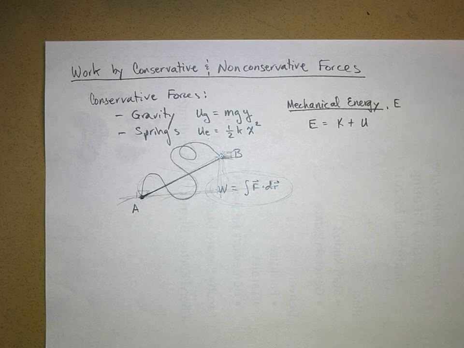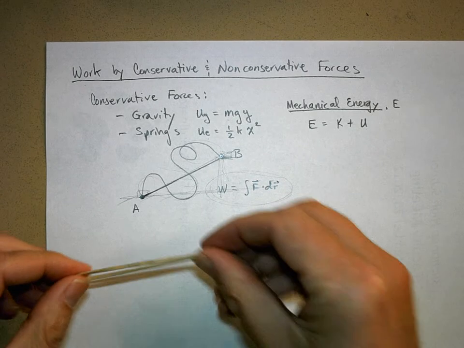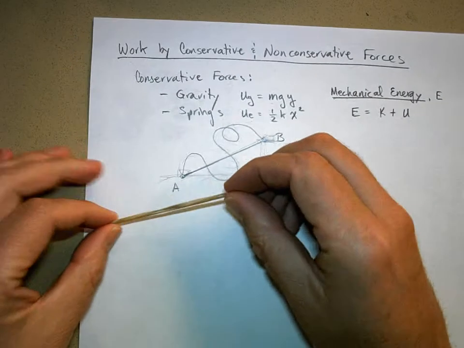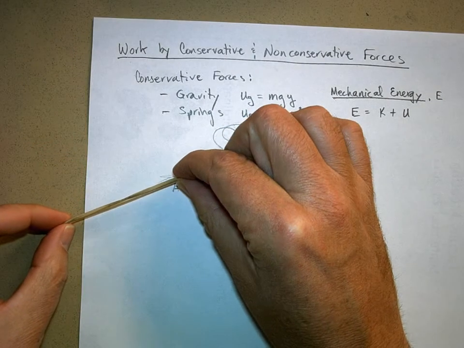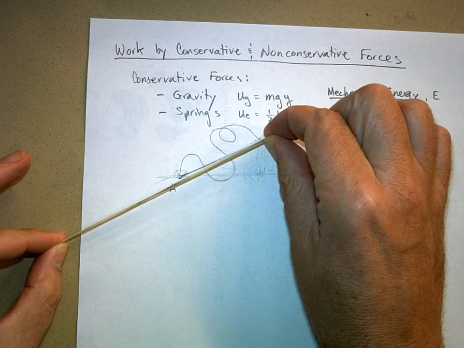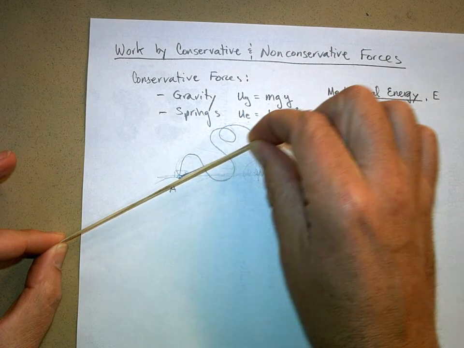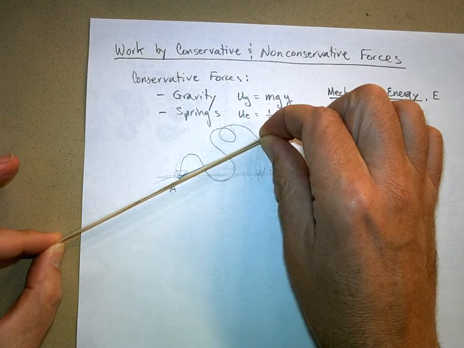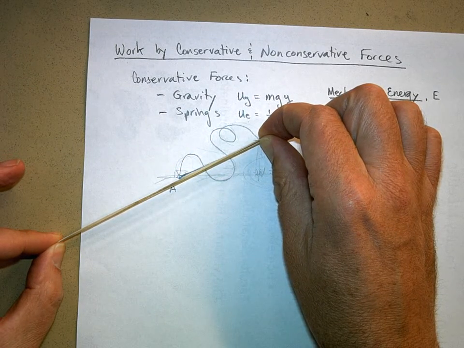And if I have a spring, it's the same kind of a deal. Let's say here I have a rubber band, which is an elastic material, and let's suppose I'm going to go from A to B. I could measure the force of the rubber band and stretch it out, figure out how much work was done by the rubber band.